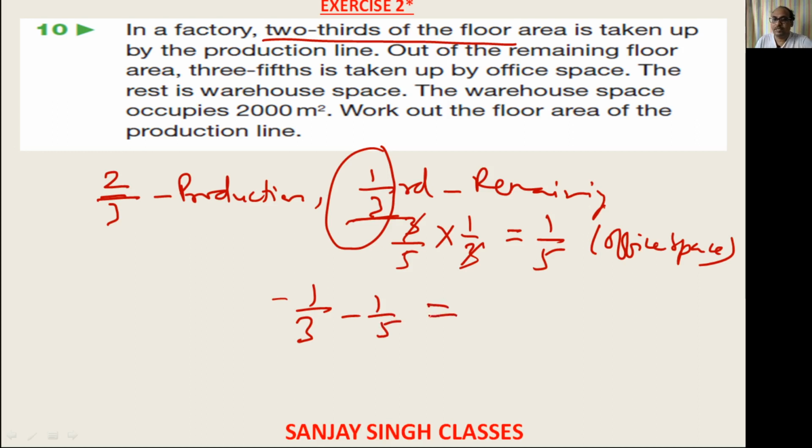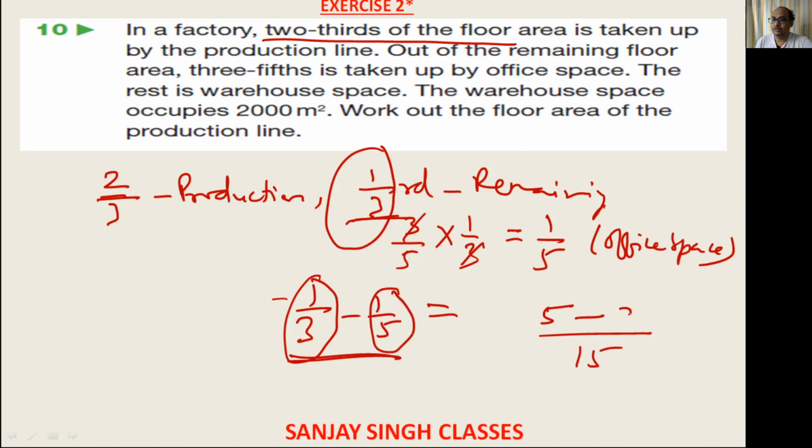If we take the LCM, it will become 15. So here we multiply this fraction with 5 by 5 and it becomes 5 by 15, and the other we multiply with 3 so it becomes 3 by 15.